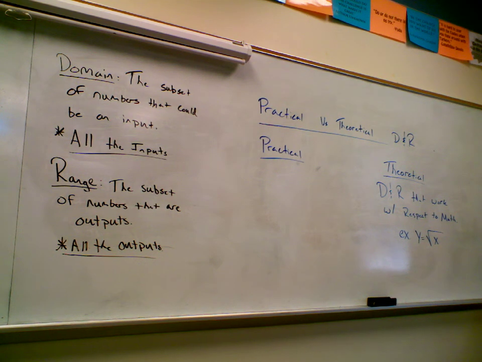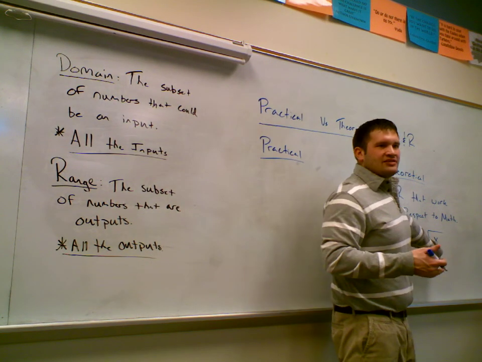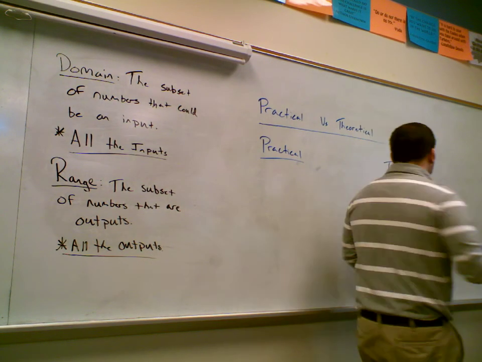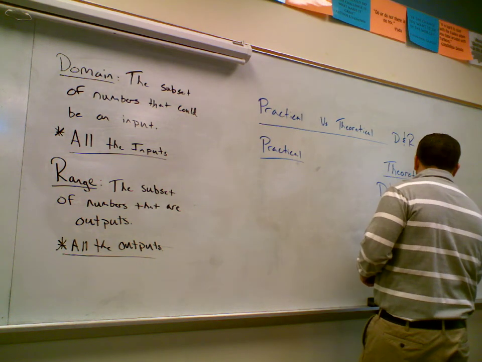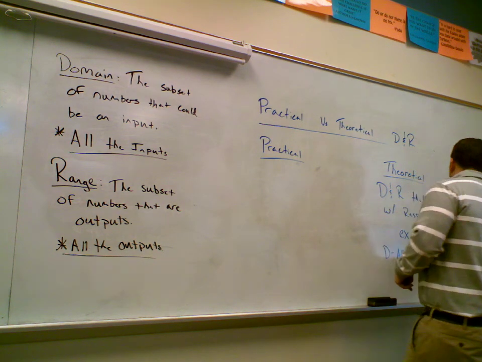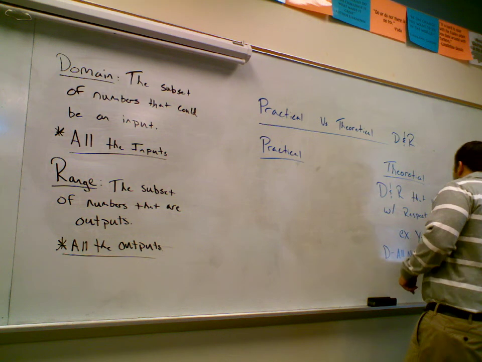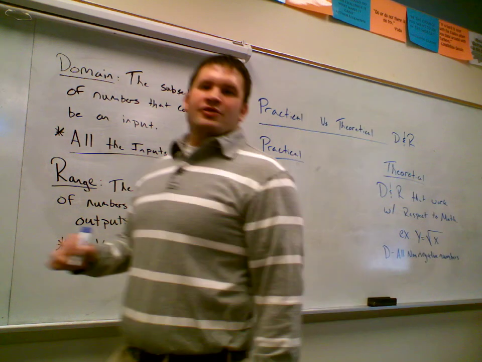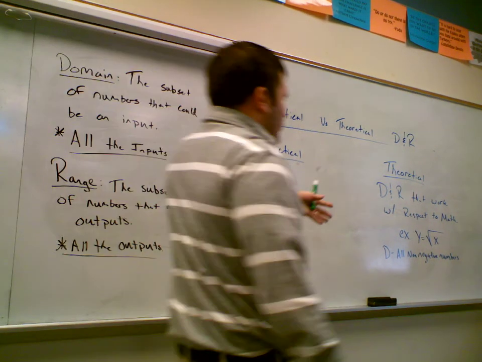A negative. So mathematically, I can plug anything in here that's not negative. So my domain will be all non-negative numbers. Notice I didn't say all positive because I wanted to include which number? 0. Good. Now what will my range be?